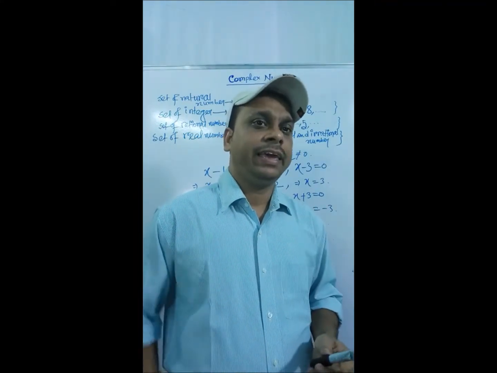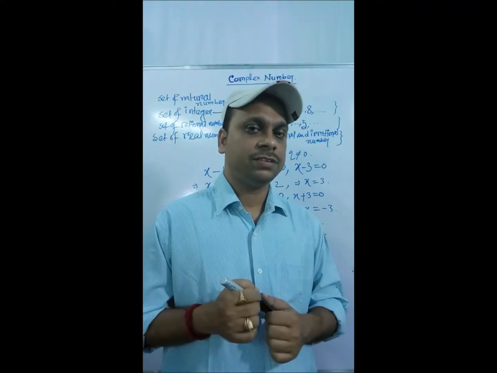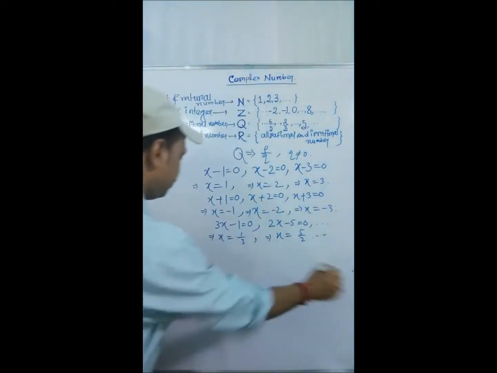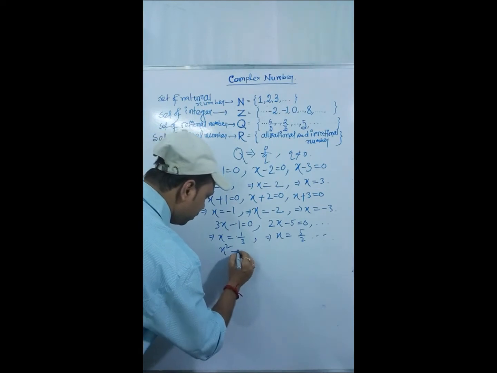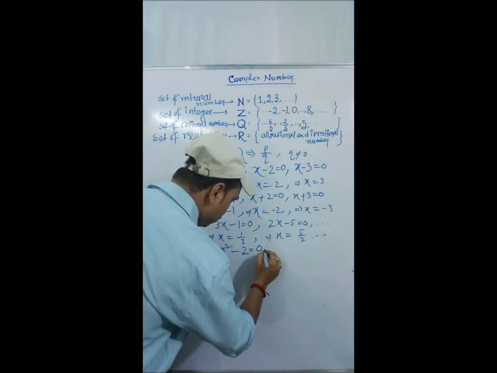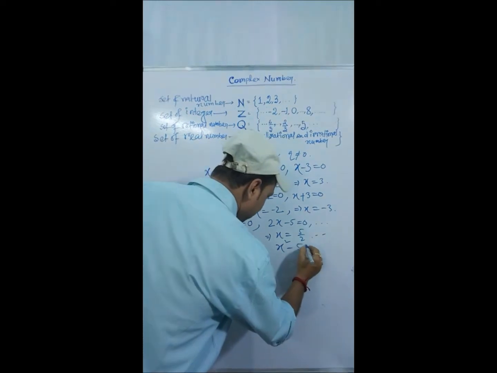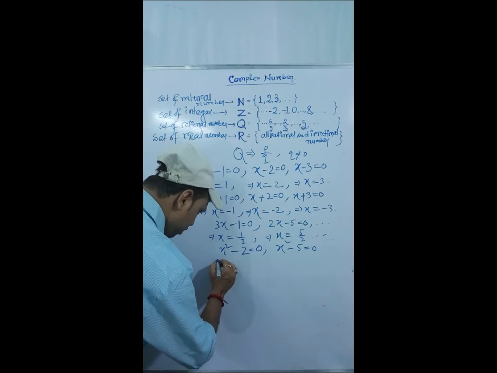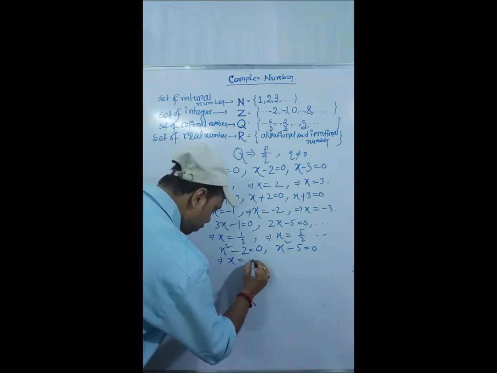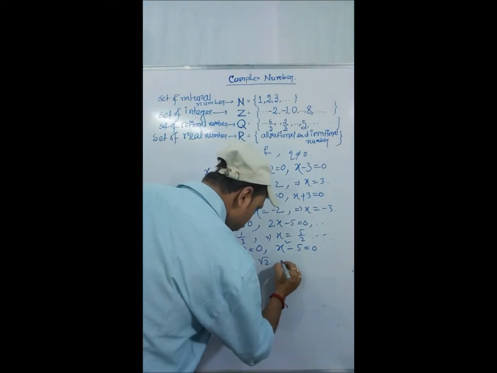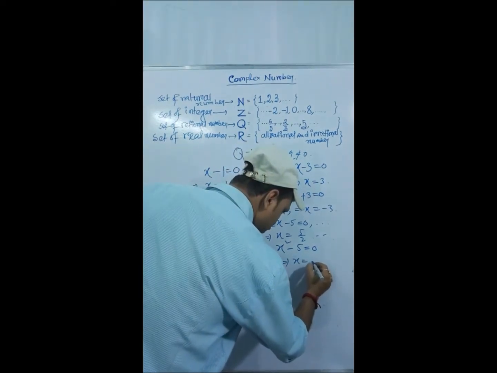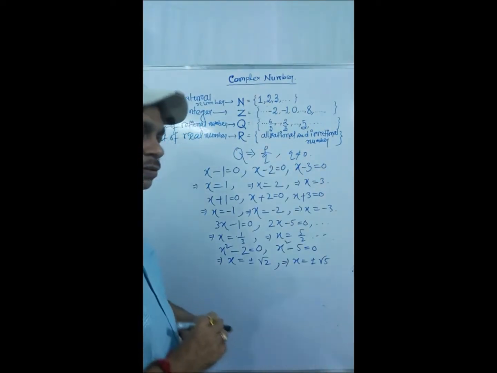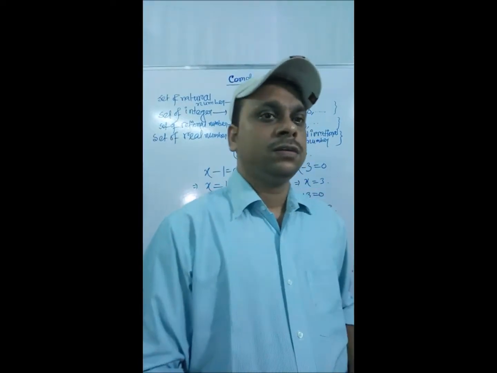Again, when the equations are written in the form x square minus 2 equals 0, x square minus 5 equals 0, solve these equations, which implies x equals plus minus root 2, x equals plus minus root 5.